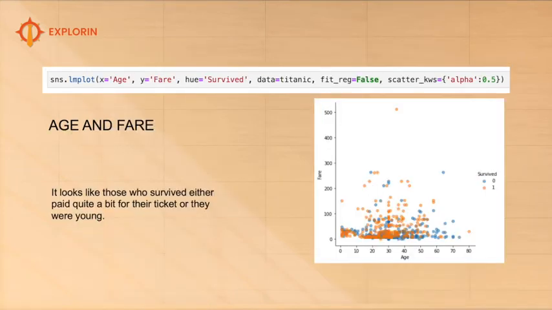Now there is a plot which contains both age and fare along with survived, right? So here it looks like those who survived either paid quite a bit for the ticket or they were young. You could see that this is the age column and this is the fare column, right? Those who were young or those who have paid more have survived.